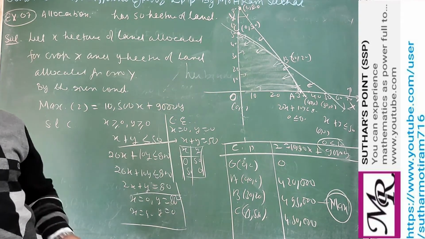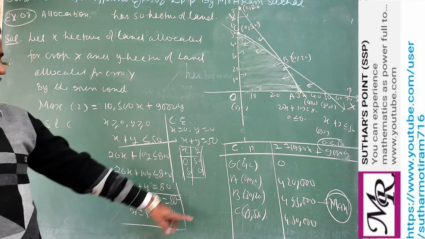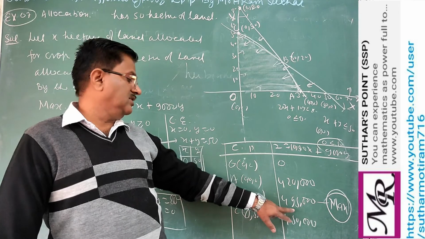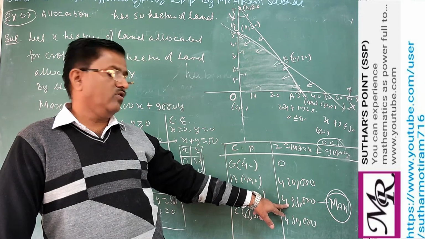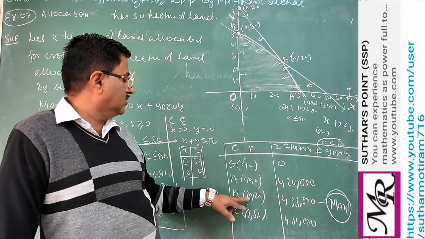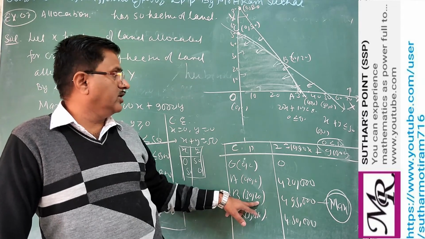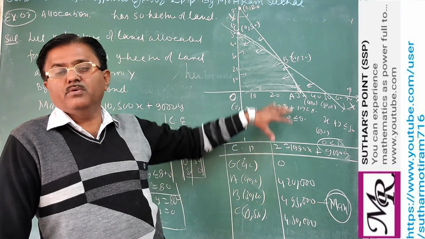Here the region is bounded, so directly we can say the largest value will be the maximum. So the maximum profit will be at point B. Finally, the maximum profit is 4,95,000, which is obtained by allocating 30 hectares for crop X and 20 hectares for the second crop.